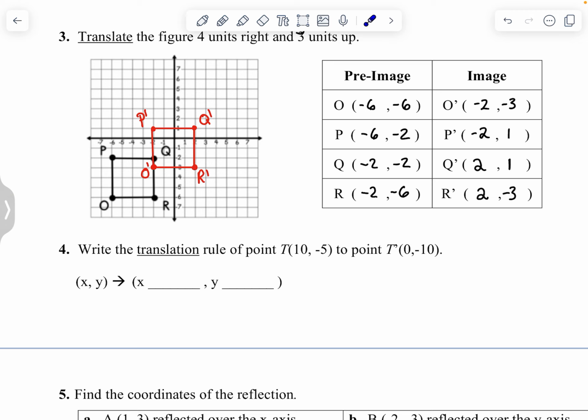So how does our point move? It looks like we go to the left 10. We subtract 10. Minus 10 would get us to 0. And to get from -5 to -10, we subtract 5. So our translation rule is x minus 10, y minus 5.